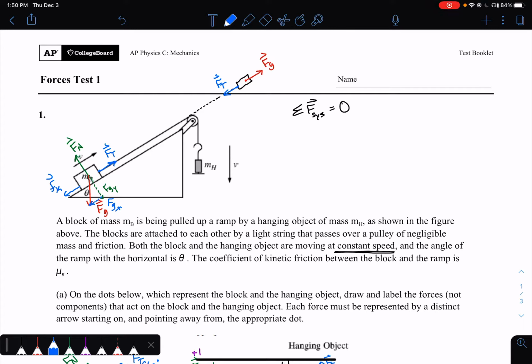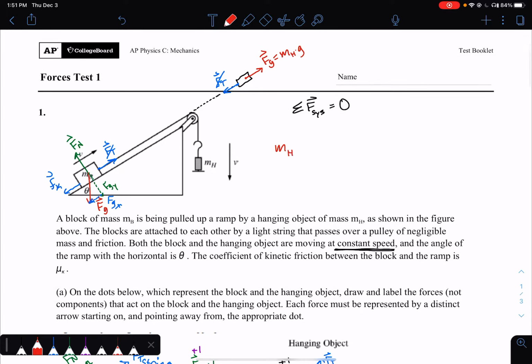When you draw it like this, remember you can eliminate tension along that string. And we've got the weight of the hanging mass, which would be m_H g. That's the force that's pulling this block, m_B, up the ramp.